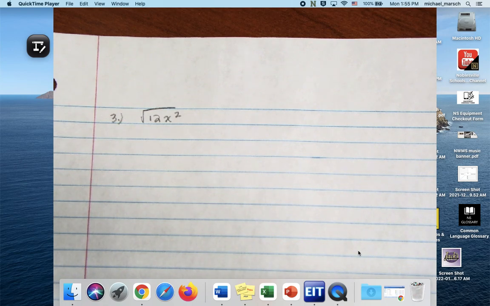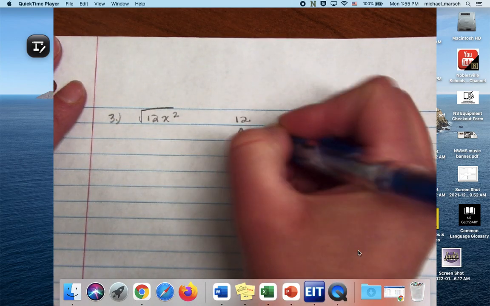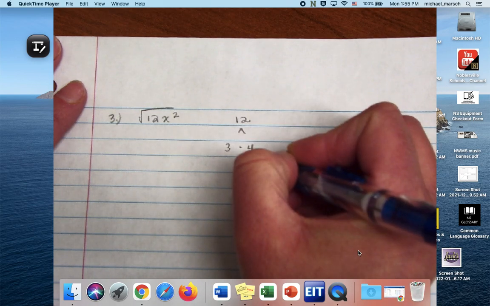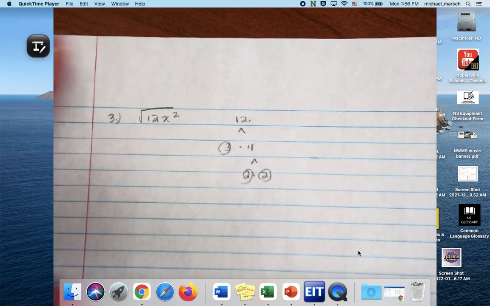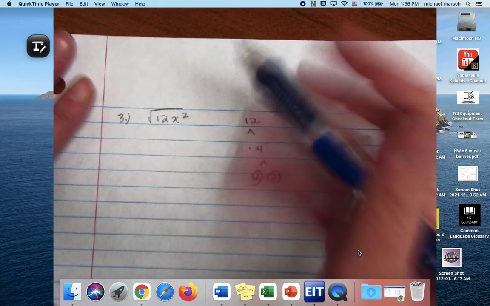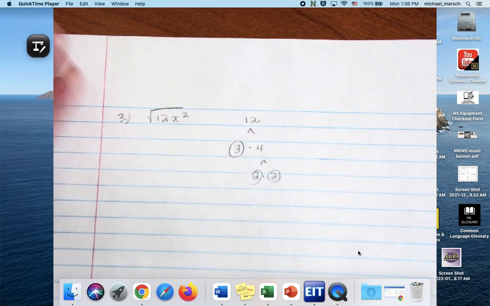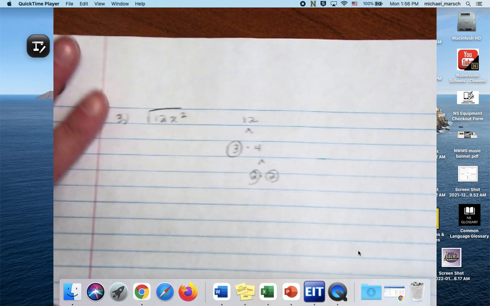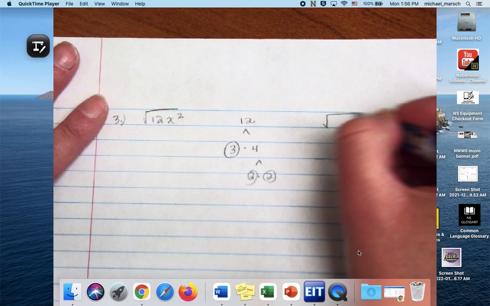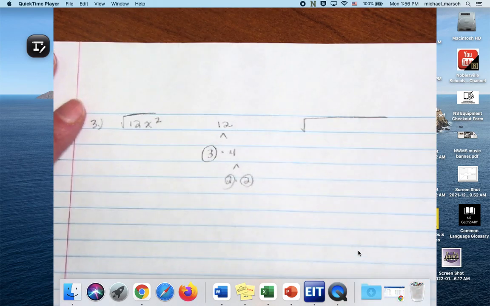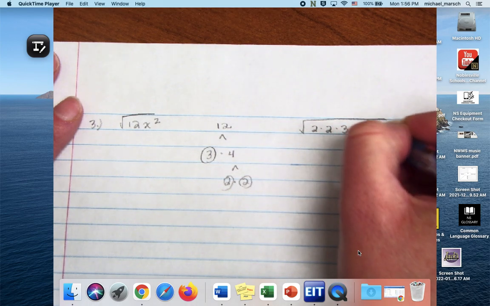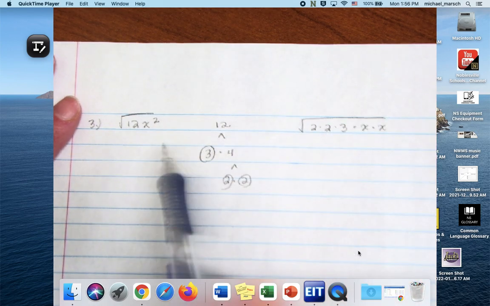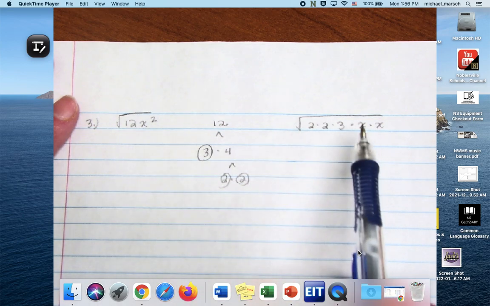Okay, so we're going to do the exact same thing we were doing before. We're going to find the prime factorization of 12. You could have done 2 times 6. You're still going to get 2 times 2 times 3. But this time, when you do the radicand symbol, you're going to do 2 times 2 times 3 times x times x. We're going to take that x squared and we're going to make it 2 separate x's.